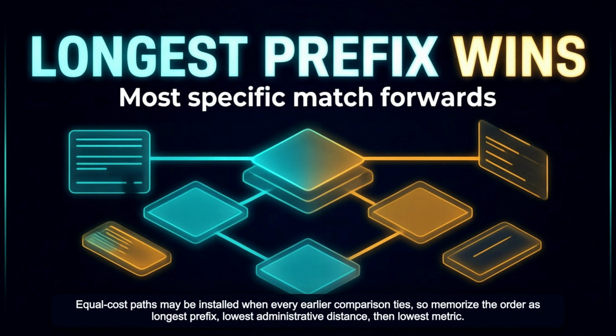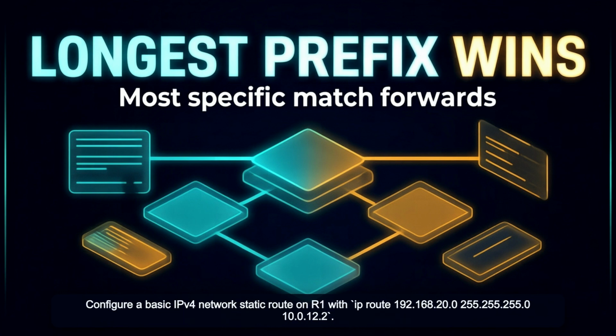Configure a basic IPv4 network static route on R1 with ip route 192.168.20.0 255.255.255.0 10.0.12.2.